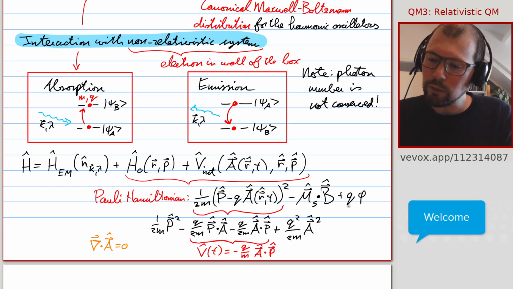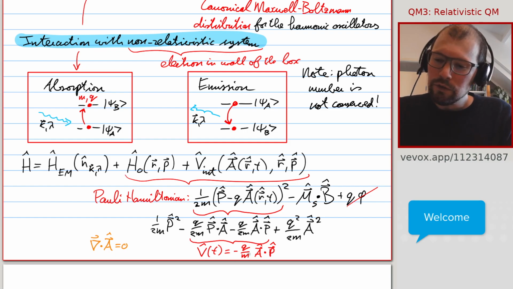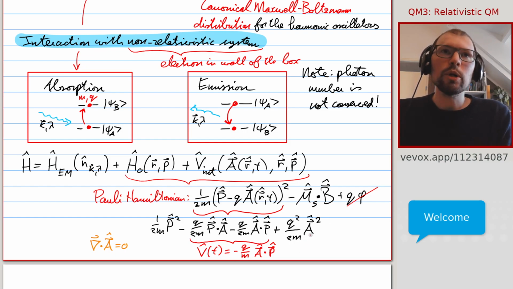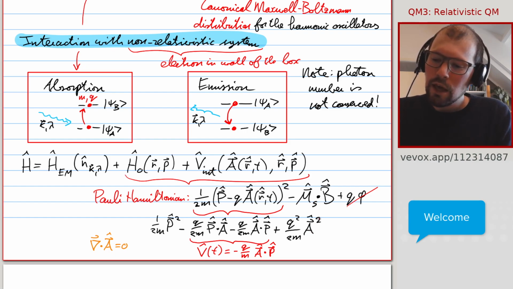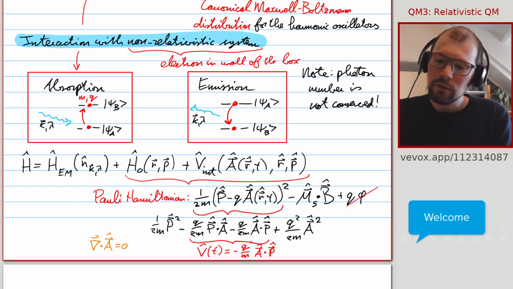Note also that in the Coulomb gauge, this term is absent. So really the only parts that we're ignoring are a quadratic part in the vector potential. And remember, the vector potential had the creation and annihilation operators. So if we take a quadratic part, it will produce either two photons or annihilate two photons, while the linear part will only produce one or annihilate one.